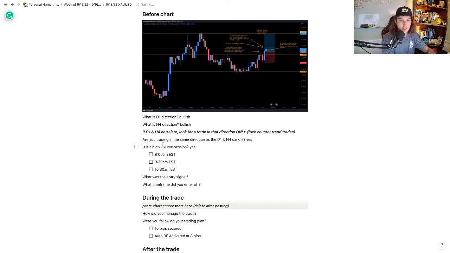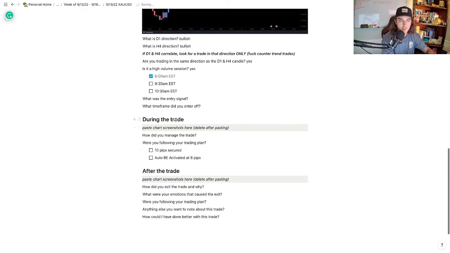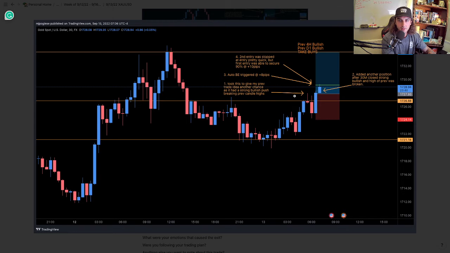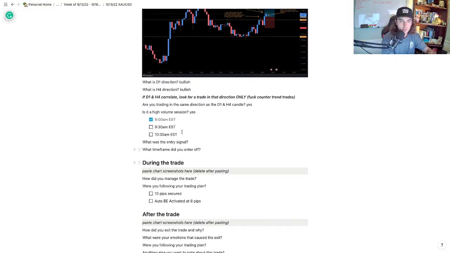Yes, it was a high volume session. It was prior to 8 a.m. Eastern time. Entry signal was basically that price came back and closed bullish here. And we'll just say price closed above resistance on 30-minute.